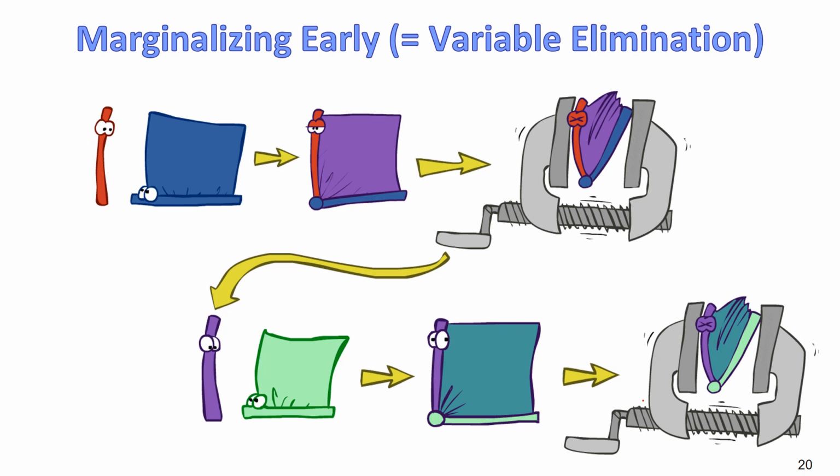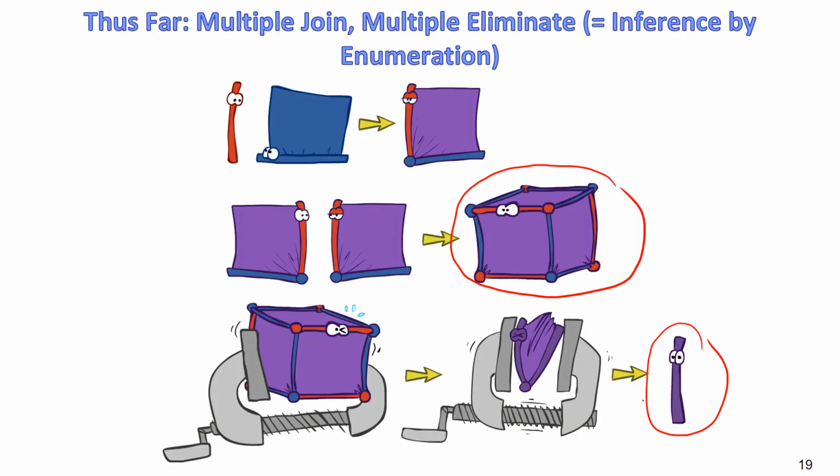What's the difference? I mean, it seems like they are the same. The difference is very clear from even these nice figures. If you look here, when we join, the tables will increase in size. When we join multiple variables one by one sequentially, the factors that we are processing will increase in size exponentially. So the complexity will be dominated by the biggest factor.